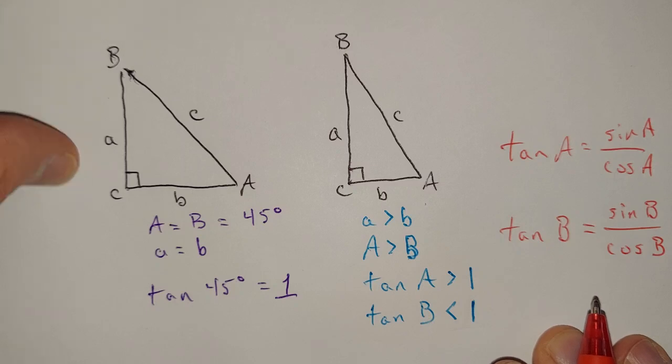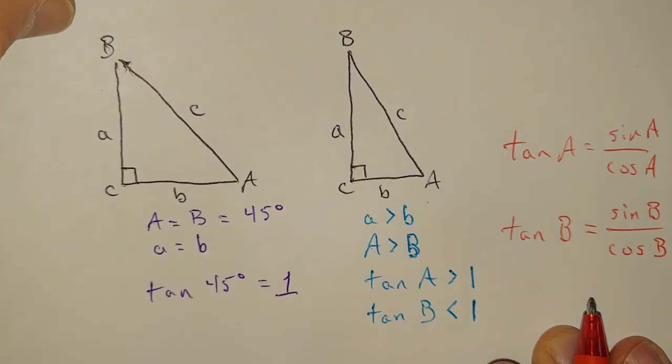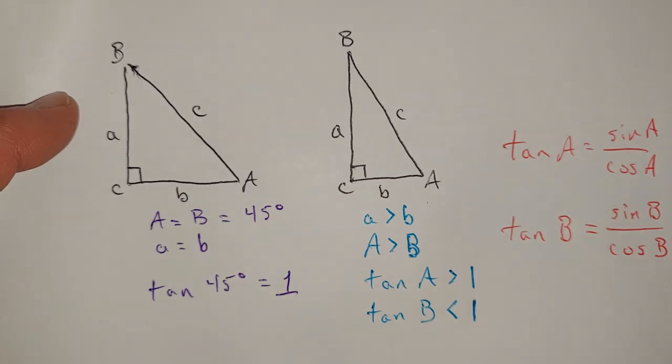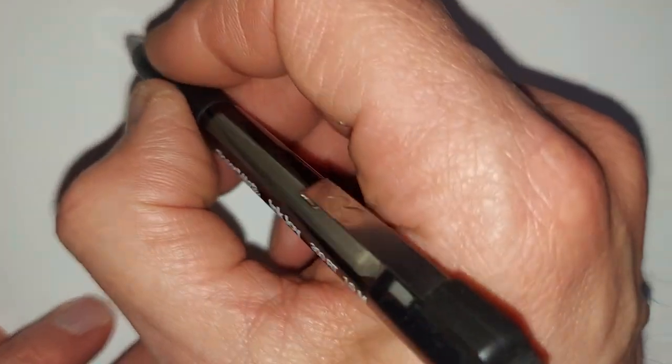Now, all sides of a right triangle are just measurements, so they're always greater than 0. This means no matter what we divide, we're always going to get a number that is greater than 0, that's positive.